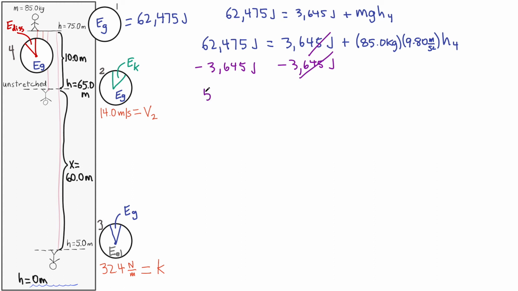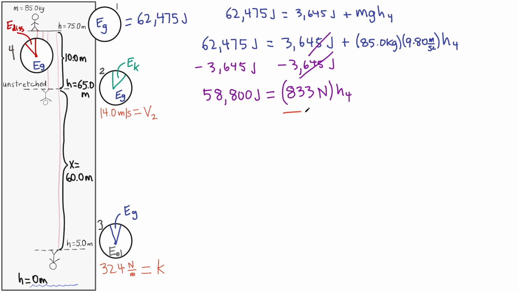We're left with 58,800 joules on the left-hand side of the equation, and the remaining term that represents the gravitational potential energy at height 4. 85 times 9.8 is 833. For my unit, I'm multiplying kilograms times meters per second squared. You might remember that that is the definition of a Newton, so I'm going to change the unit to a Newton. That value is multiplied by h4.